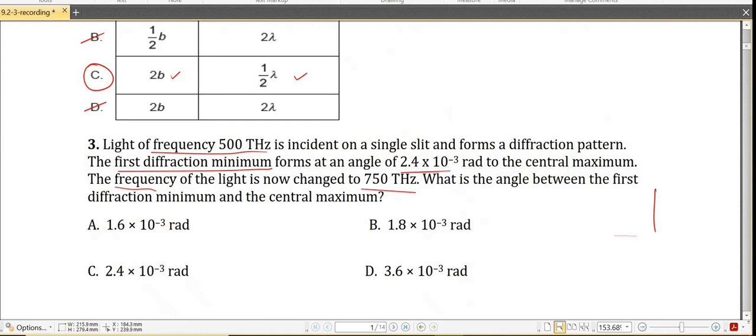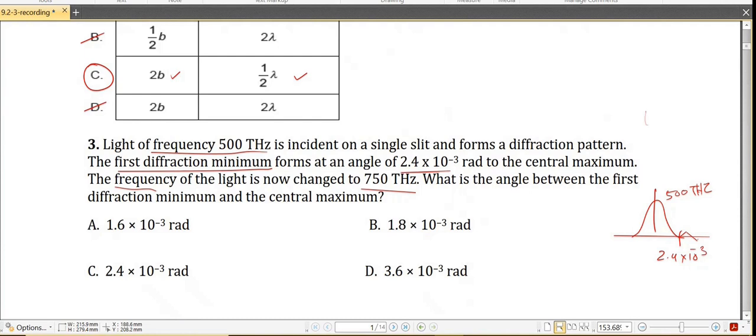So when you had 500 terahertz, here is the first minimum, and this value is given as 2.4 times 10 to the power negative 3. Now they are changing this to 750 terahertz. So what will happen to this first minimum?